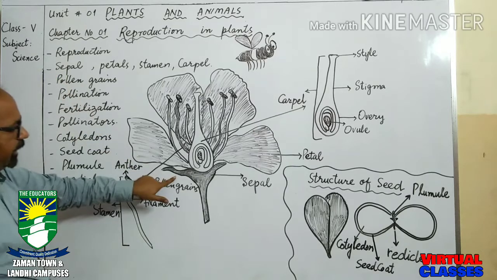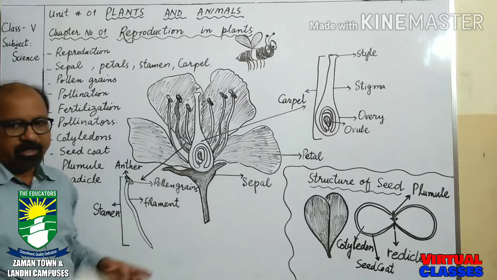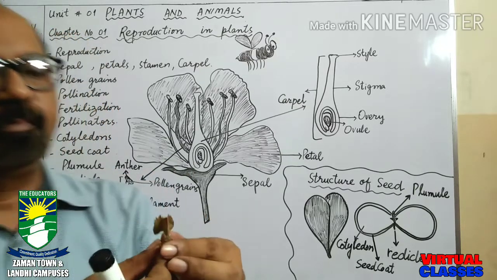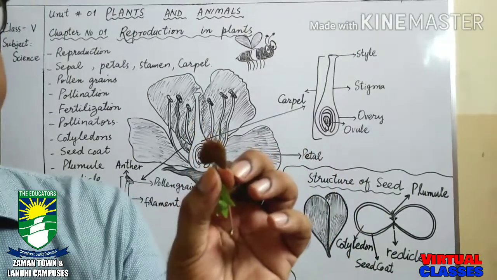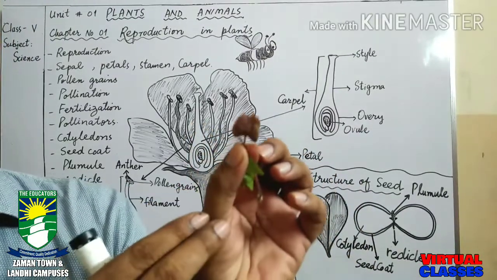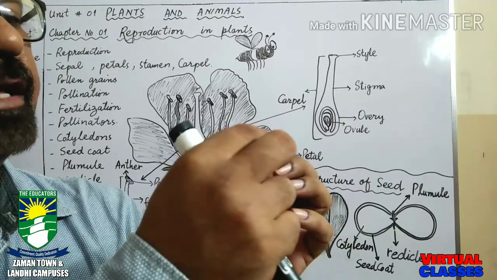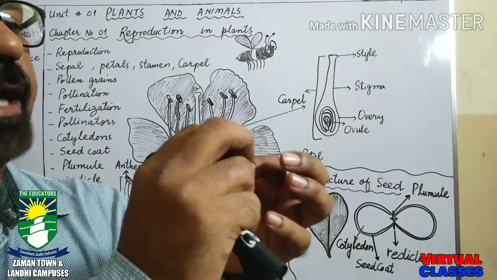Sepals are the green color part, and they protect the flower when it is a bud. For example, I just want to show you the bud of a flower. Up till now, it has not become a flower, it is a bud. I am going to separate it.